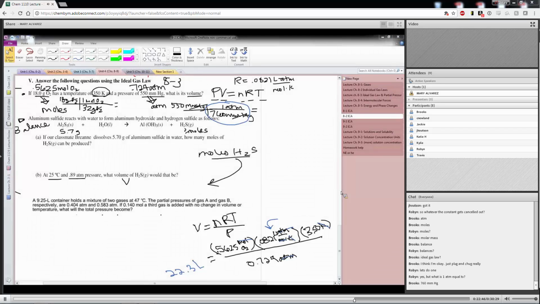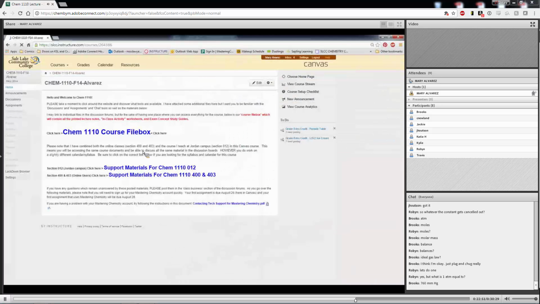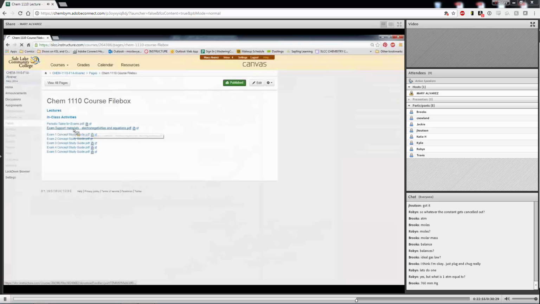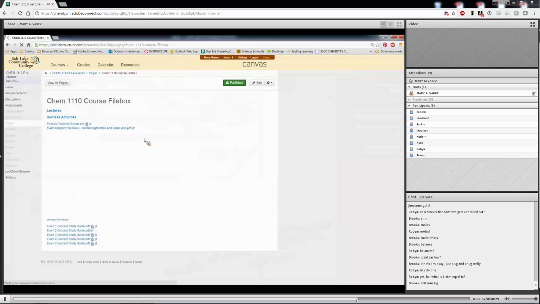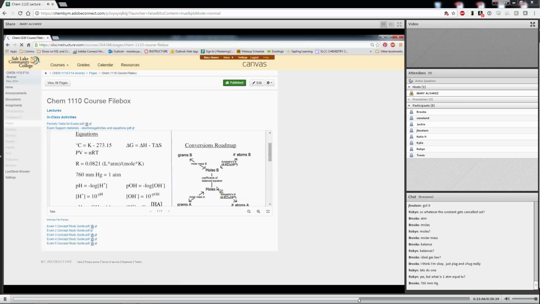You should get this on exam unless I forget, in which case you just call me out and I'll grab it for you. But this exam support materials thing here, which has the conversions roadmap here, here's your equation.